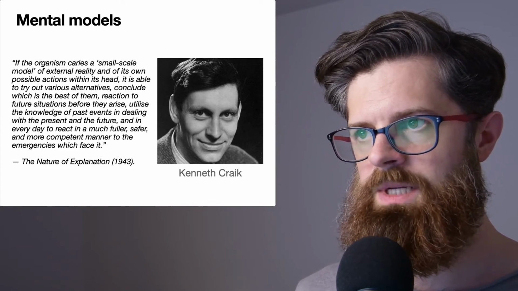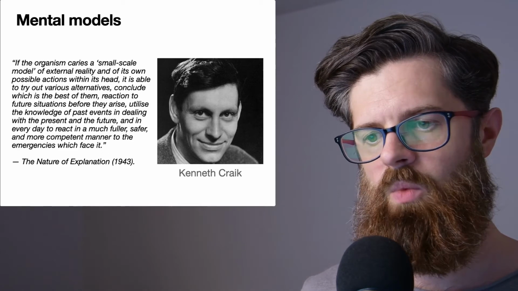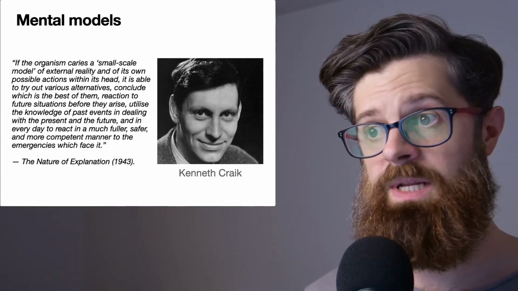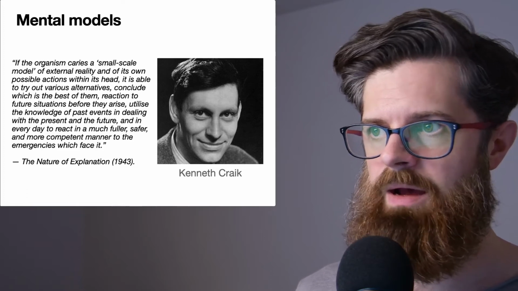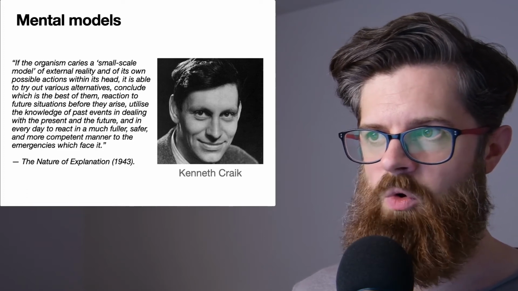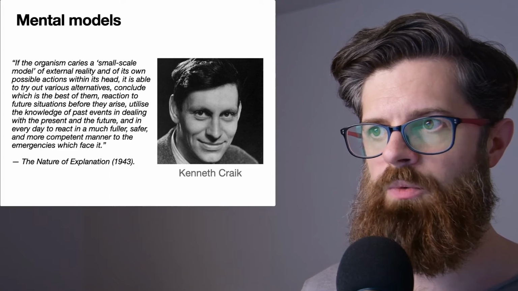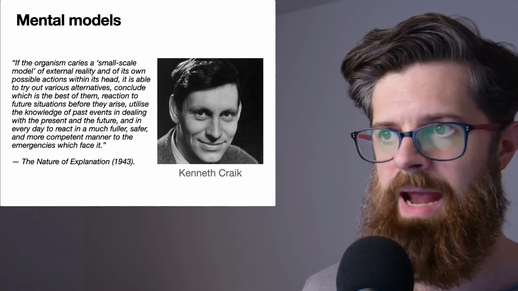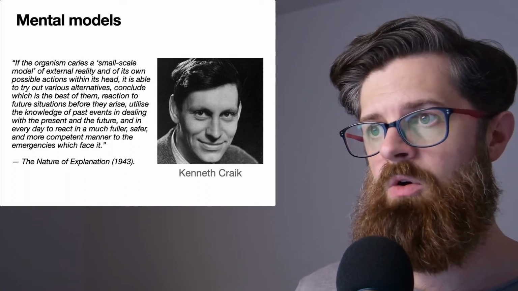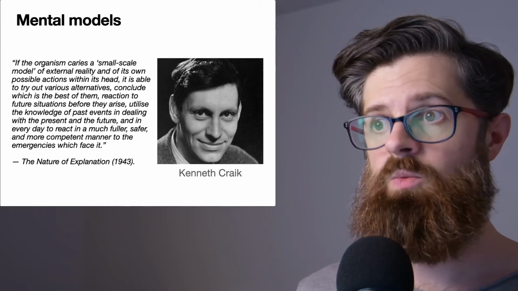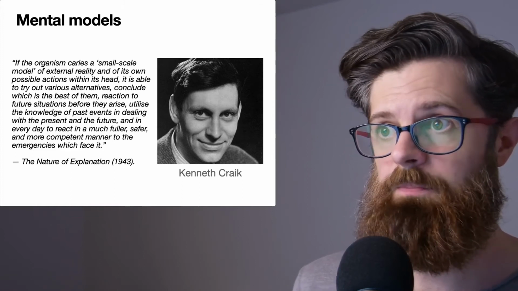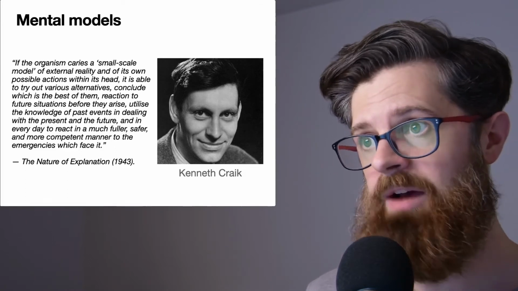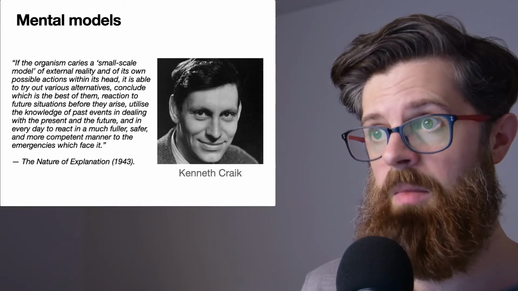The proposal isn't that we have a model of the entire world in our brain. Rather, we would have small models about how the world works that might be called into play at any one moment. There are many, many places in this world that I have never been or even heard about, and so I certainly do not have models of those in my mind.